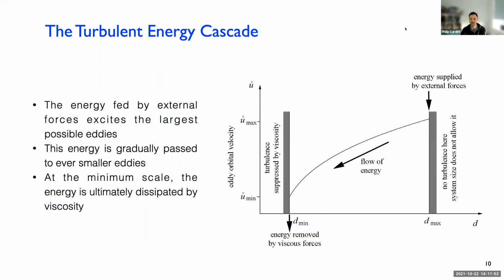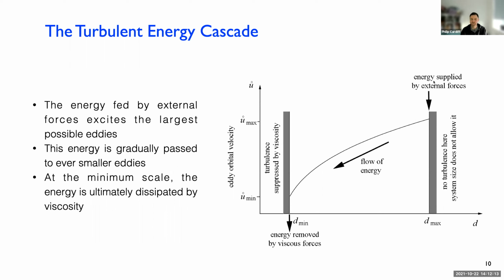We can see a classic example of this energy cascade. On the y-axis we have eddy orbital velocity, so that's the velocity at which they're rotating. And on the x-axis, we have the size of the vortices.